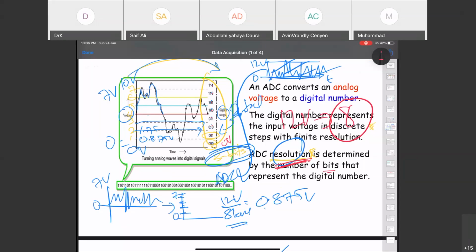So you have to divide 12 by 8. Then at each level, they capture 0.87, 0.88. This is the actual voltage being captured. So at the address 001, all information at 0.87 volts will be captured, for example.